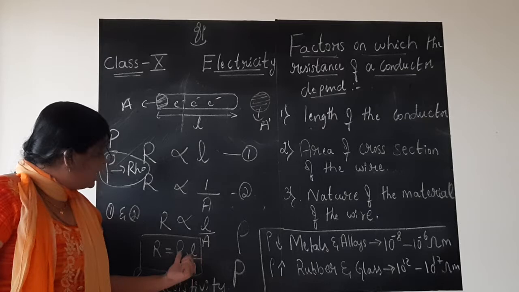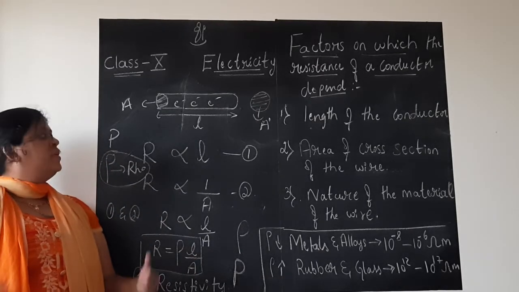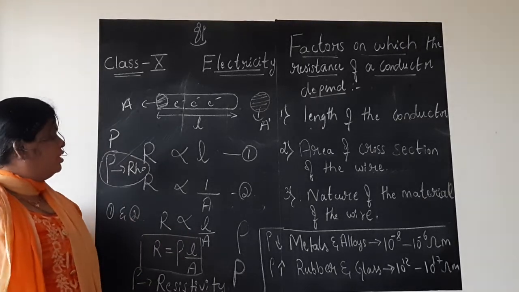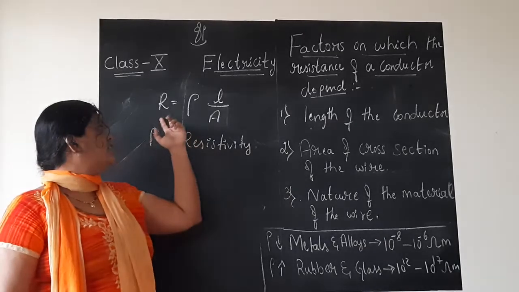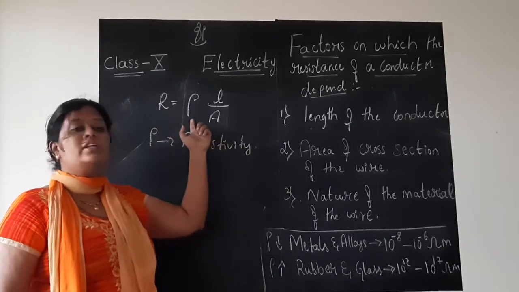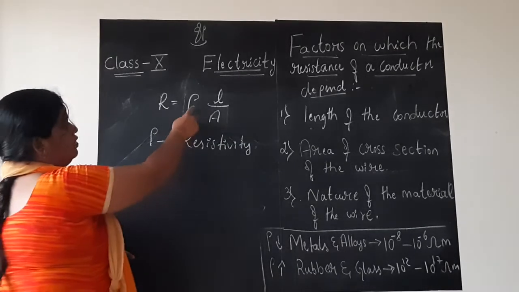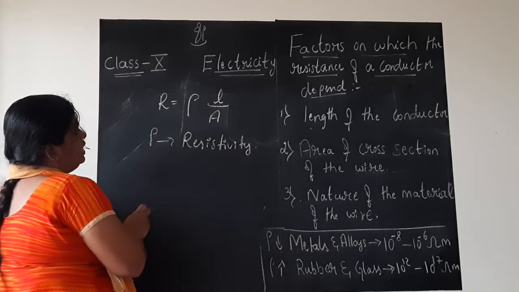If they ask you to find the resistivity of the material of the wire used, then you should write it in terms of some unit. What is the unit of resistivity? So this is the formula to find the resistance. My question was, if in a numerical they ask you to find the resistivity, what do we do? As you all know, we will manipulate this formula. What will rho be equal to?